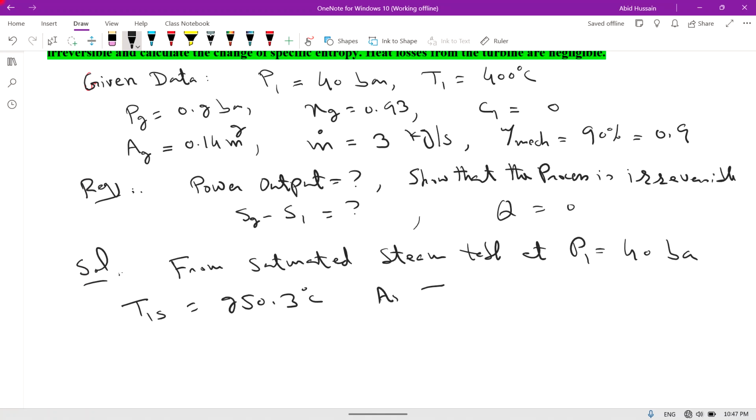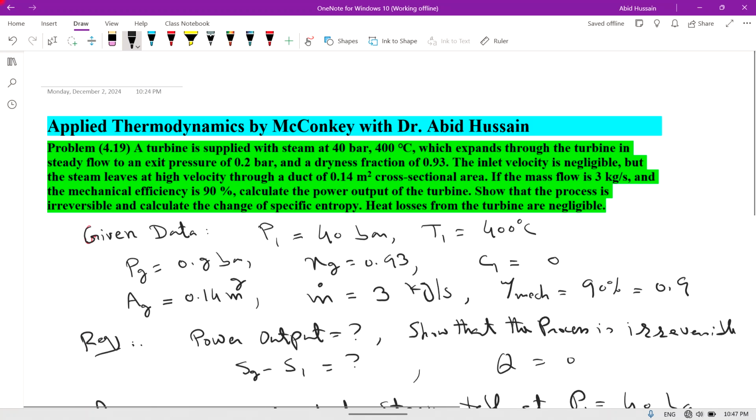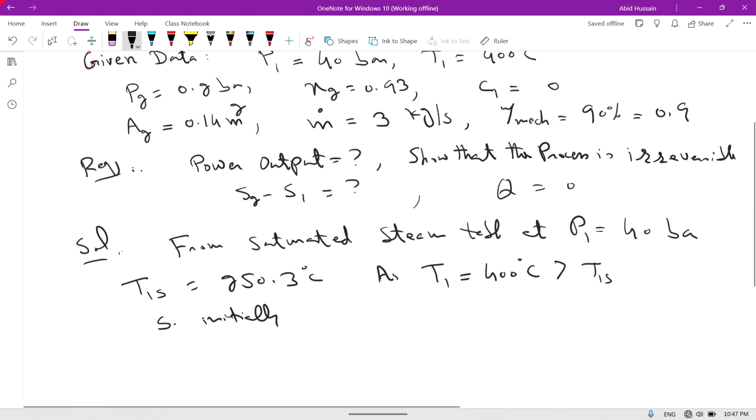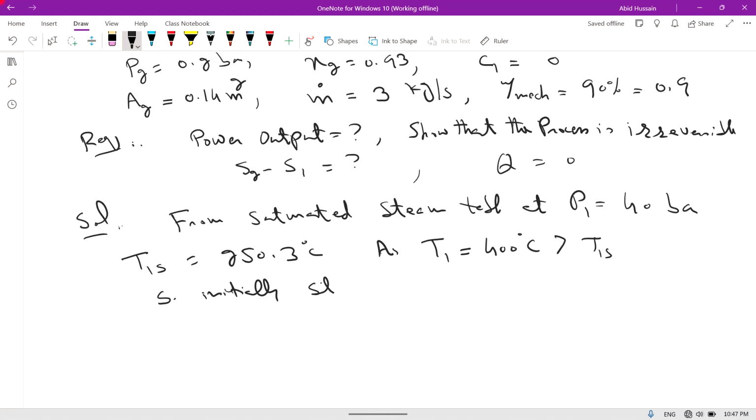As T1 given to us is 400 degrees centigrade, which is greater than 250.3 degrees centigrade, initially the steam is superheated.